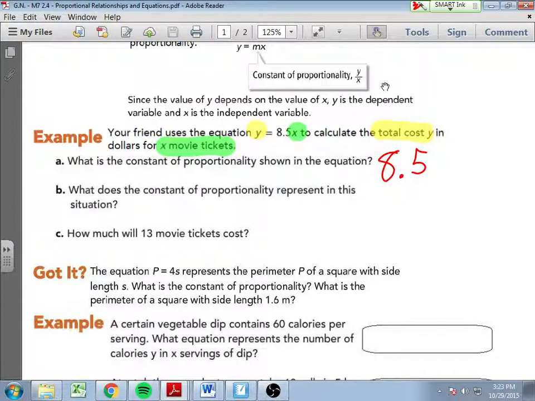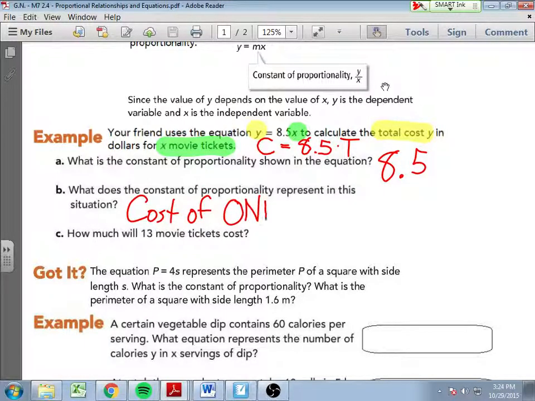If it's y, the total cost, I'm going to actually rewrite that equation. They just told us that the cost of going to the movies is 8.5 times x, and x is the number of tickets. So what would 8.5 represent there? Like the amount one ticket costs. Yeah, so it's the cost of one ticket. Cost per ticket.